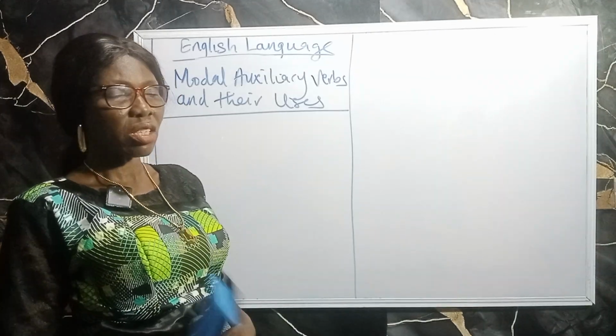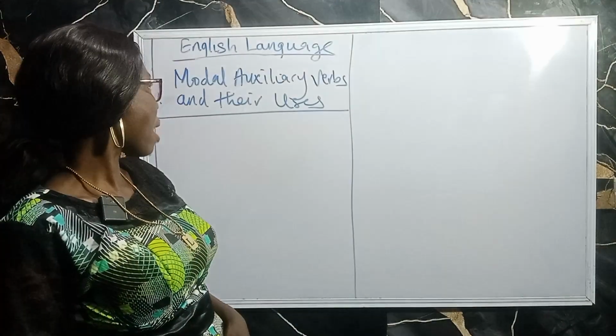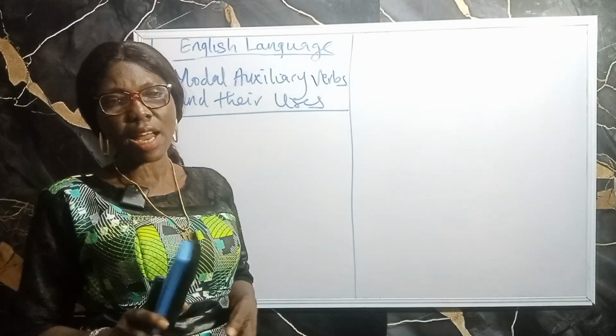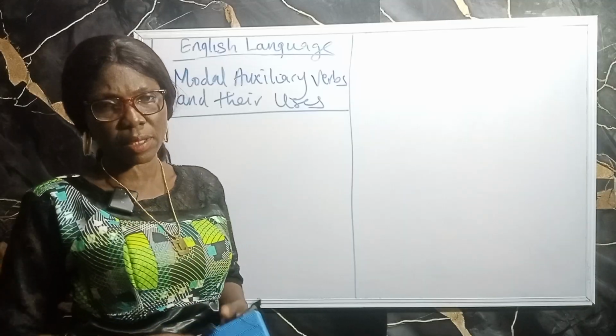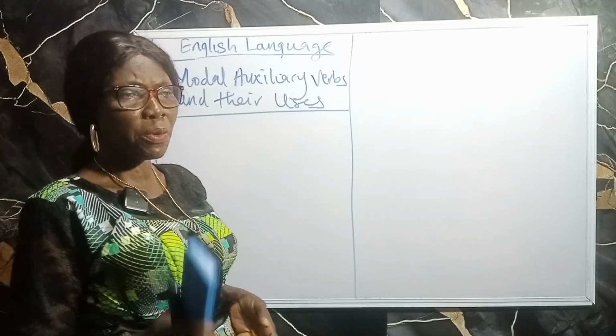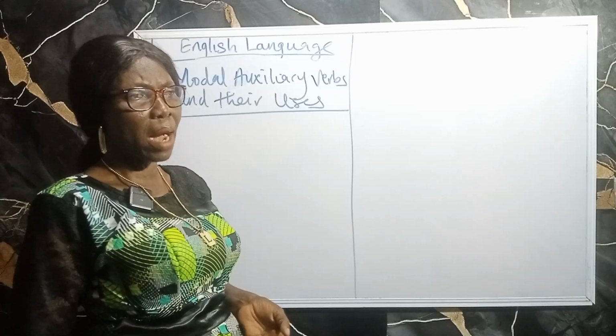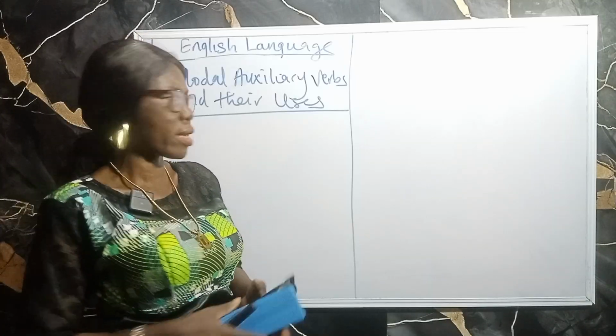To start with, let us remind ourselves of what we said about modal auxiliary verbs. We said that modal auxiliary verbs are helping verbs used with the main verb to express the speaker's attitude or opinion about an action or a state.